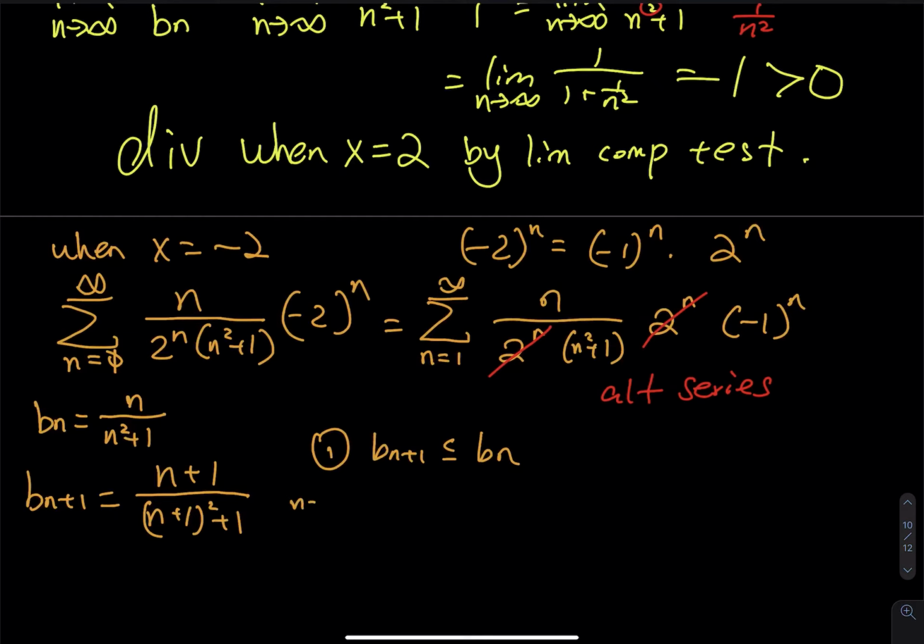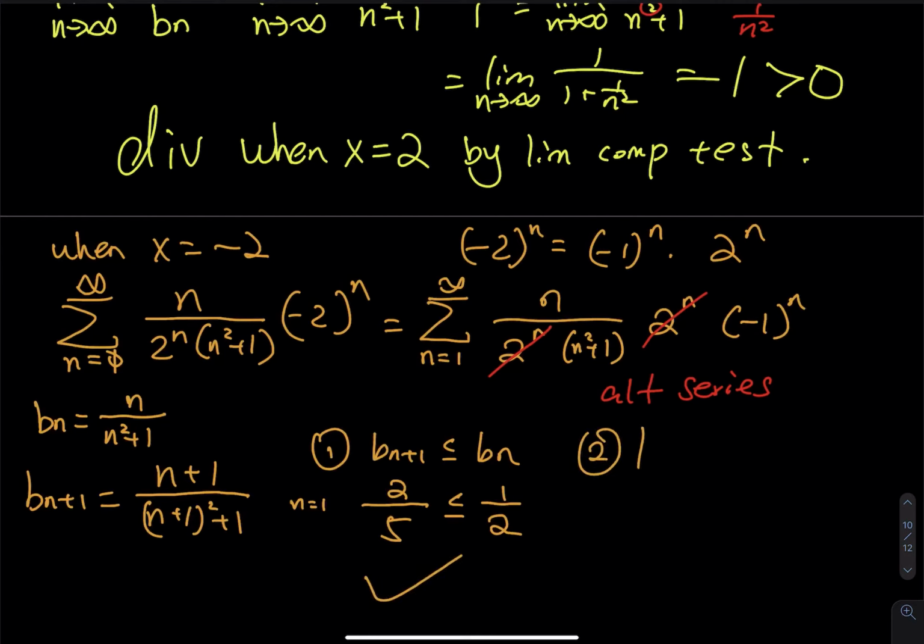So when n equals 1, we have 1 divided by 2 times 2 squared is 4, 4 plus 1 is 5, less than or equal to 1 divided by 2. Yup, 0.5 is greater than or equal to 0.4. And then number 1 is satisfied.